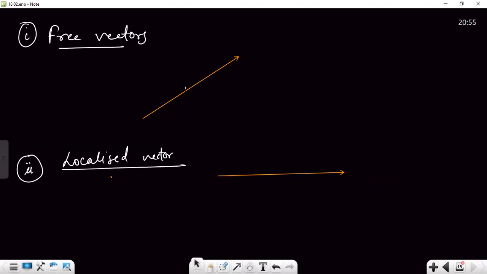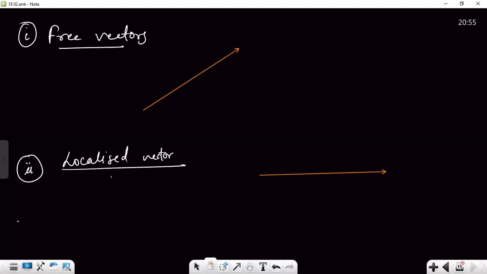This vector can be shifted in any manner, but what is fixed is its length, and the direction along this length is fixed. The localized vector is the vector that can only be moved along its own line, and its magnitude and direction are fixed as well.